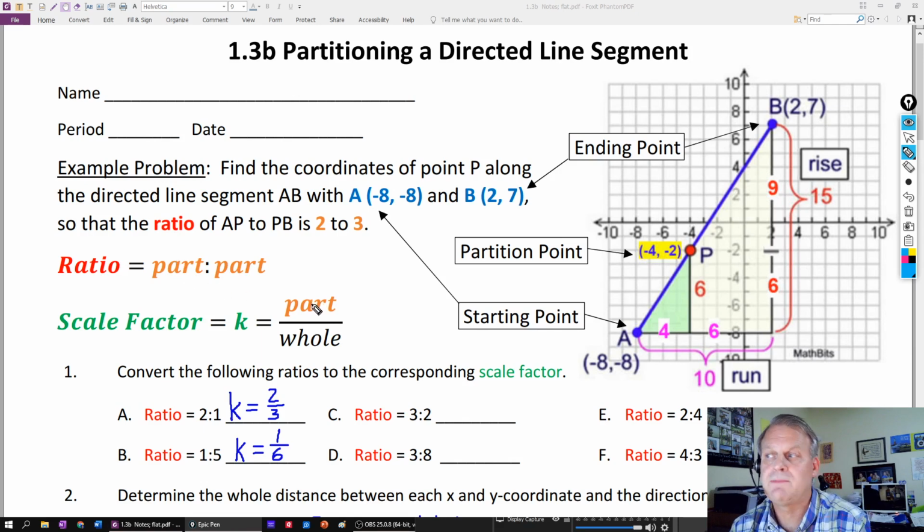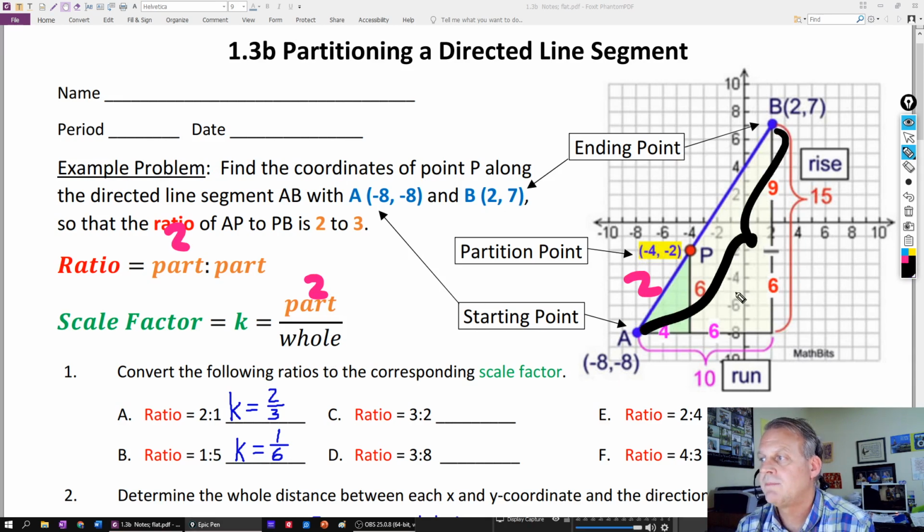So ratio is the first part to the second part, whereas the scale factor is the first part to the whole. So this was 2, the first part, but the whole is the total number of parts that we have. In this case, we had 2 to 3: we travel 2 parts and have 3 parts remaining.